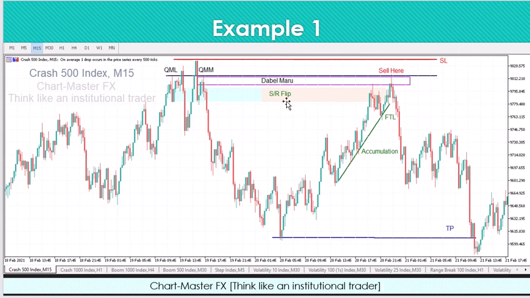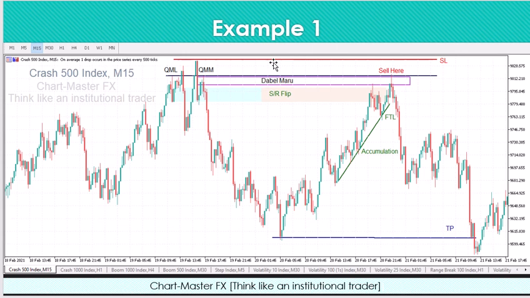So we have an SR flip, and also we can see that we have a W Maru here on the MPL zone inside our Quasimodo, and a W Maru is also effective as the MPL. So we have the W Maru here, and you can see, guys, that when the price reached the Quasimodo level, it actually dropped. So here you can put your stop loss above the higher high.